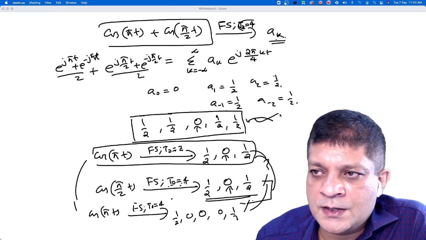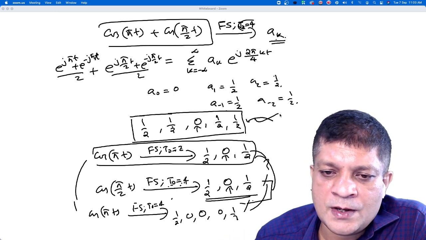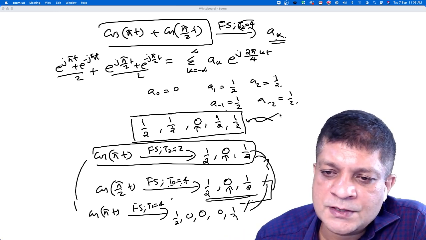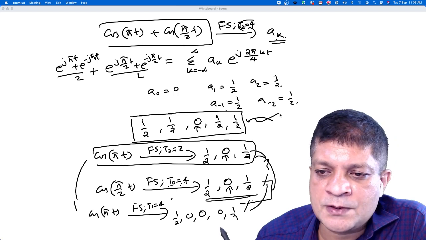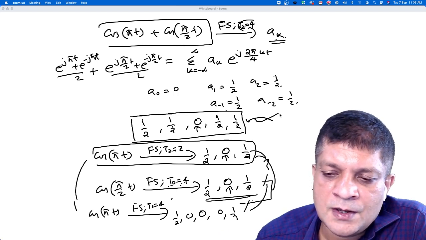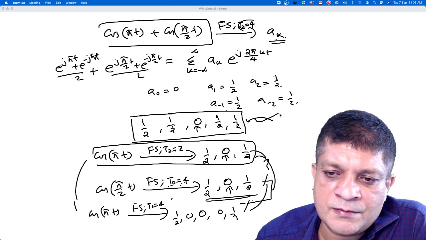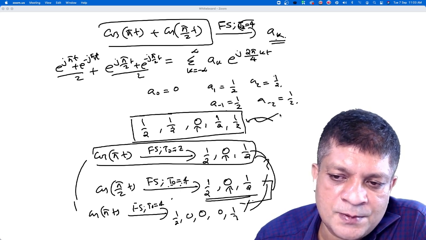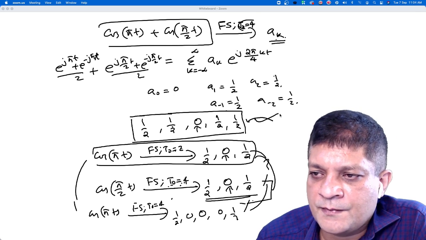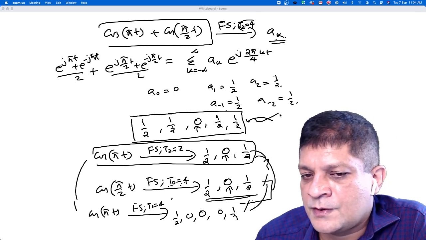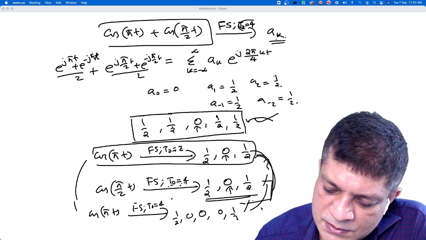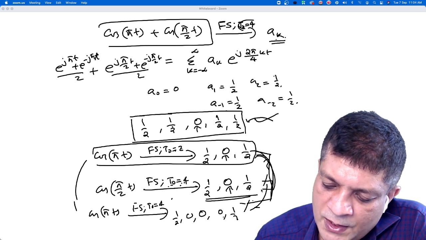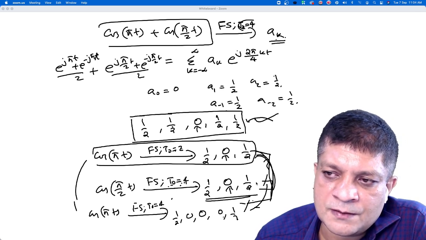You can apply the linearity property only when you consider the Fourier series representations with respect to the same period. If the period is not the same, you have to find the Fourier series representations with respect to the same period and then add them. Otherwise, you'll get a wrong answer. Without inserting the zeros, if you add these two, you will get a wrong answer, isn't it? Okay.